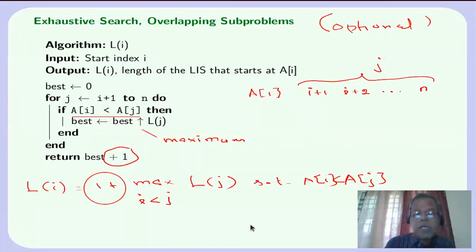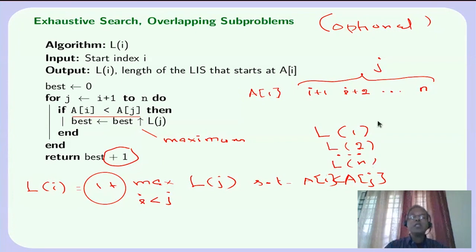We are interested in L of 1. In fact, we are interested in L of 1, L of 2, L of 3, and so on, all the way to L of n. Out of all these, we have to take the largest.